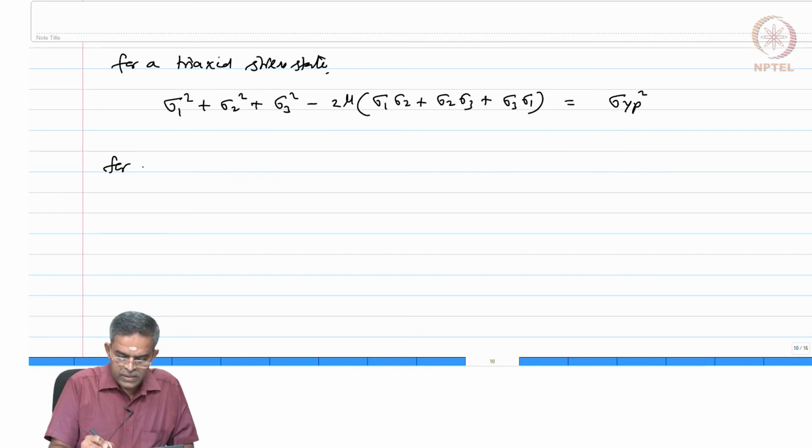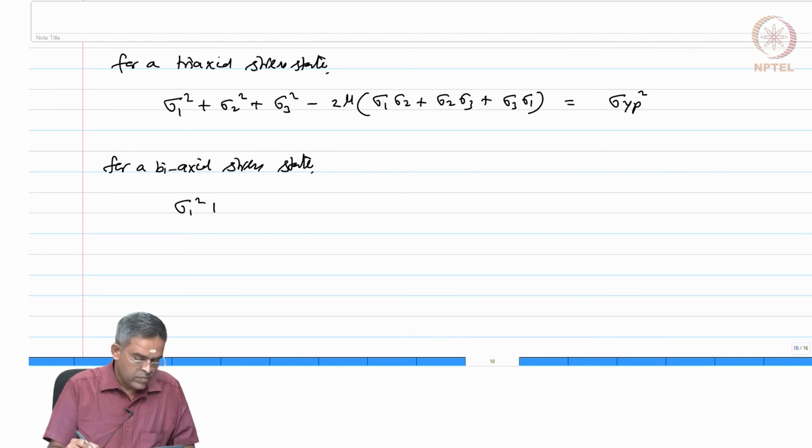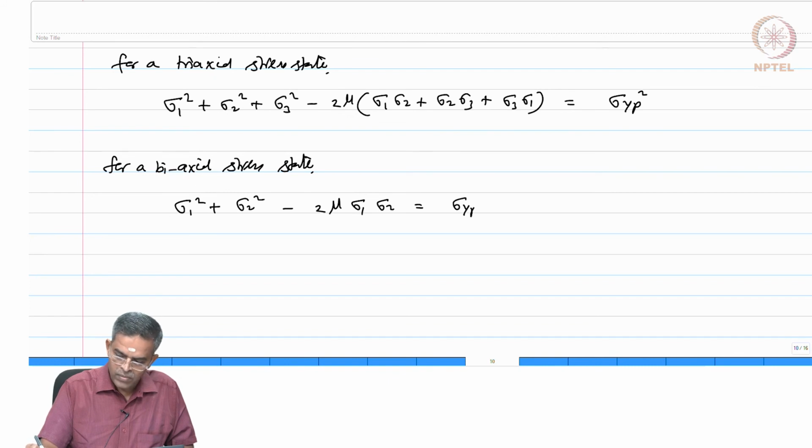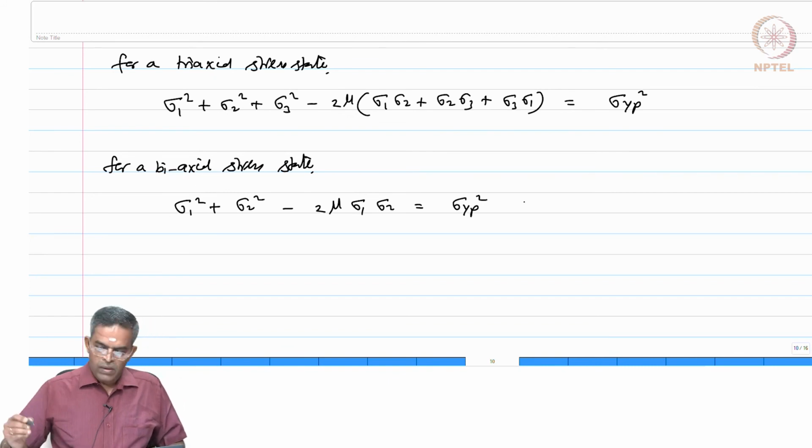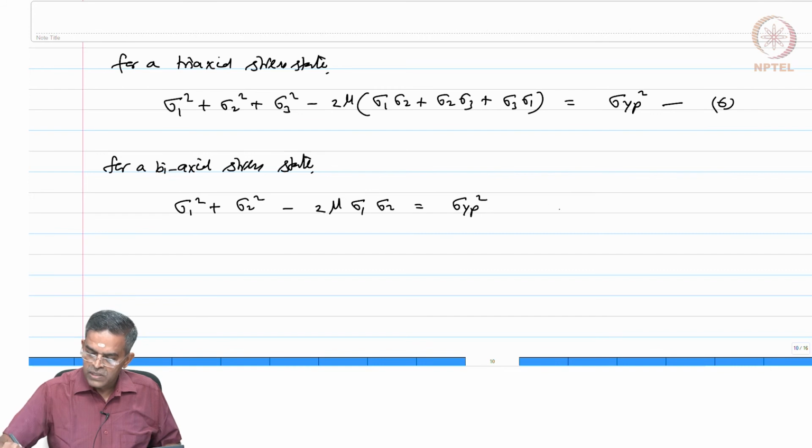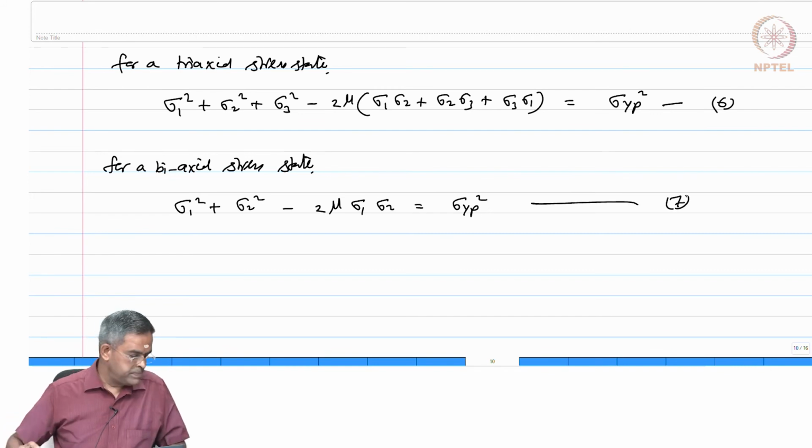For a biaxial stress state, we call this equation number 6 and this equation number 7.